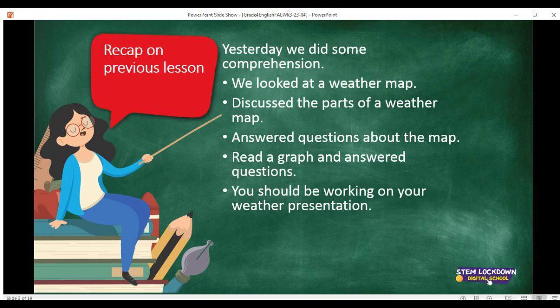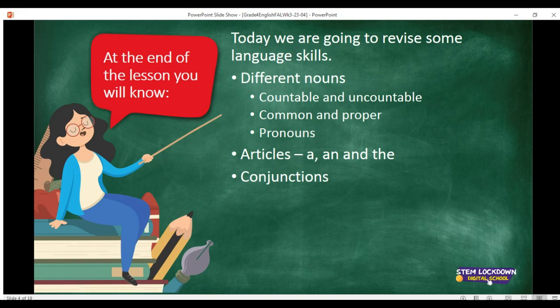So now for today, as I said, we're going to do some language, but we're going to focus on revision. We're going to look at your different types of nouns. We're going to do countable and uncountable nouns, common and proper, pronouns.